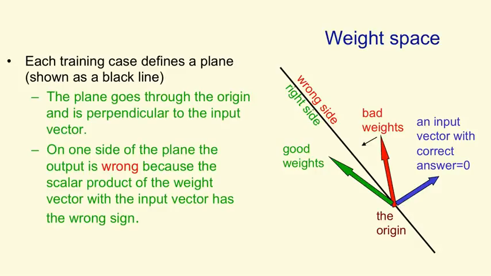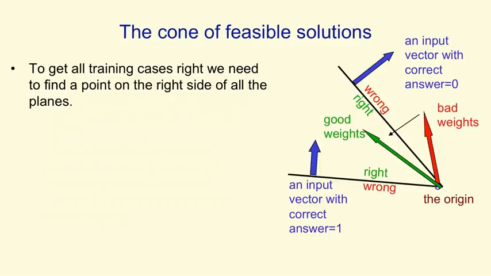Now let's put those two training cases together in one picture of weight space. Our picture of weight space is getting a little bit crowded. I've moved the input vectors over so we don't have all the vectors in quite the same place. And now you can see that there's a cone of possible weight vectors, and any weight vectors inside that cone will get the right answer for both training cases.